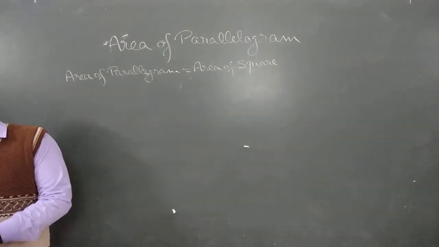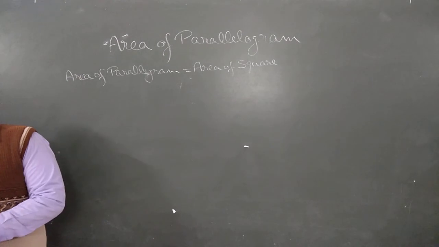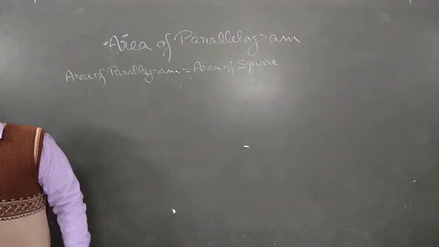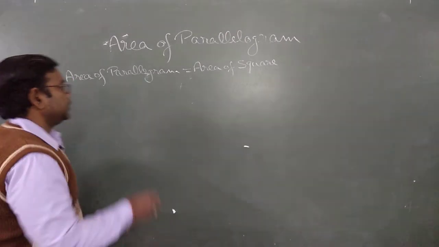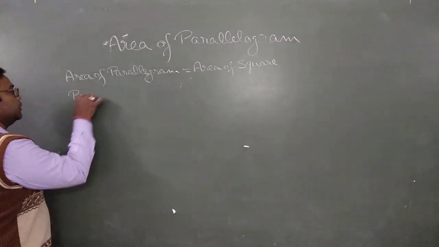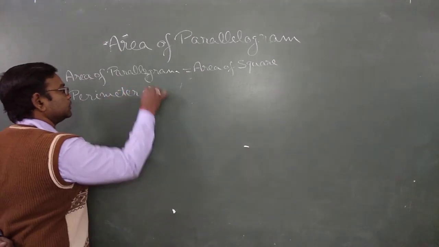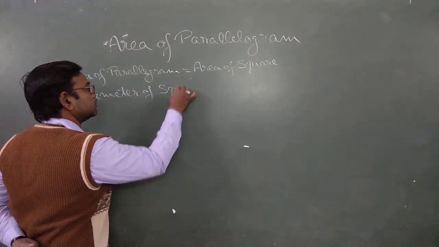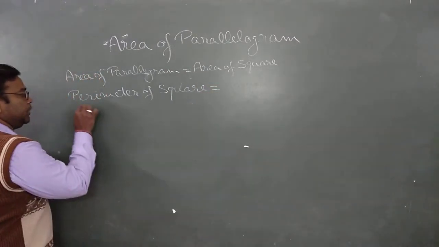Now again it says that the perimeter of the square is 84 centimeter and base of the parallelogram is 7 centimeter. It is given: perimeter of square and base of parallelogram.